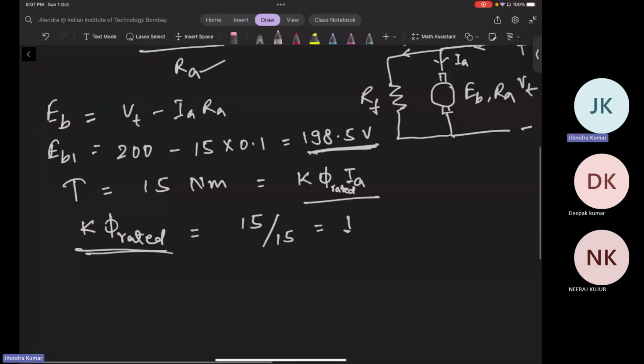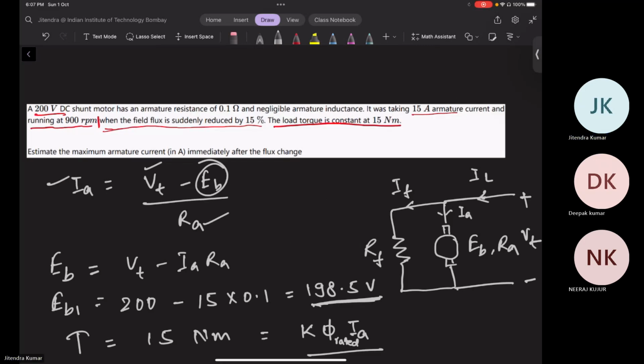So what will happen is that first we will find out what will be the back EMF, because when you are reducing the flux, the field flux is not anymore rated.